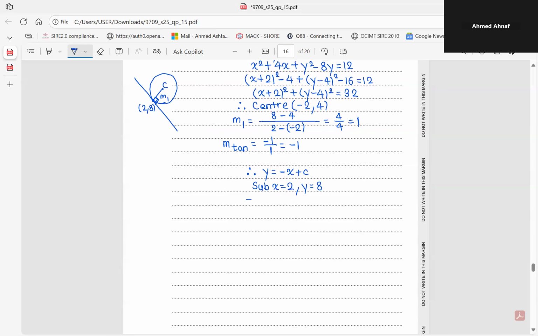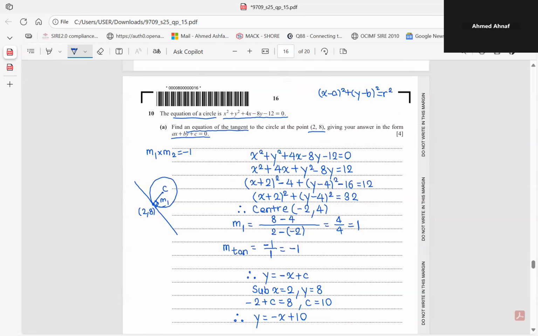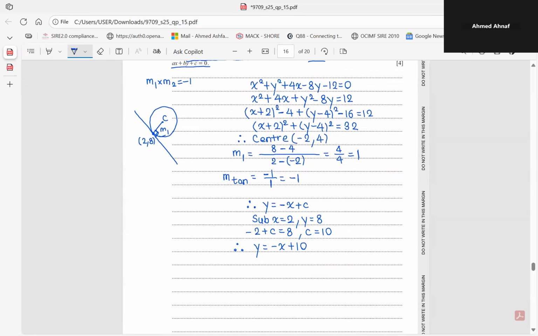So this is just minus 2 plus c equals 8. This would give you c equals 8 plus 2, which is 10. And hence, our final answer is y equals minus x plus 10. And to make it into this form, just move everything to the left-hand side.